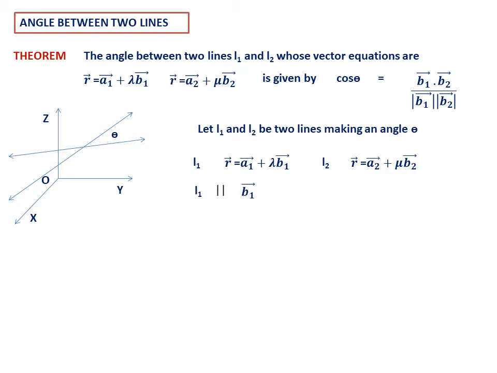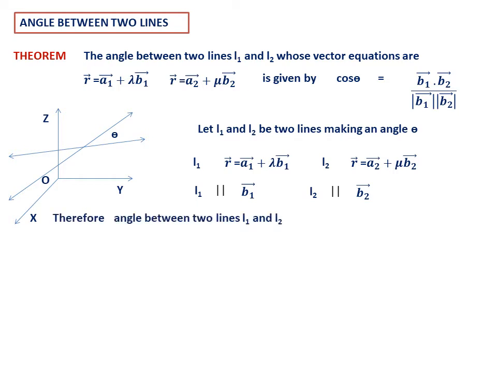Now L1 is parallel to b1. This property you have studied already. Whenever you write r equal to a plus lambda b, that means the line is parallel to the vector b. Therefore here L1 is parallel to vector b1 and L2 is parallel to vector b2. So this is the fact we know already.